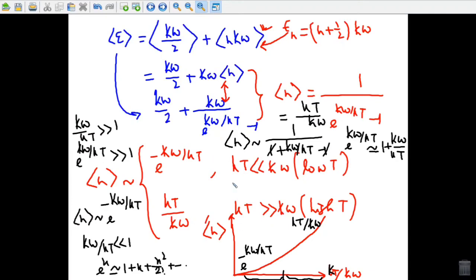For these two approximations, low temperature and high temperature, the average excitation takes the values e to the power minus h cut omega by kT, the exponential dependence, and simply kT upon h cut omega.